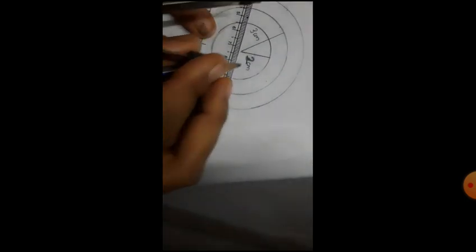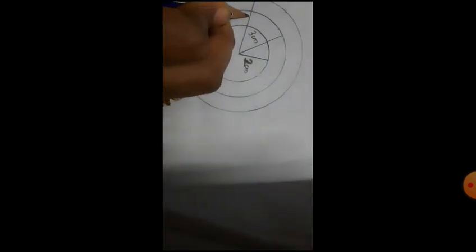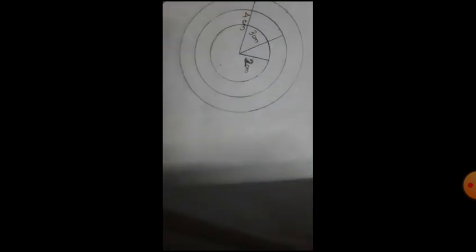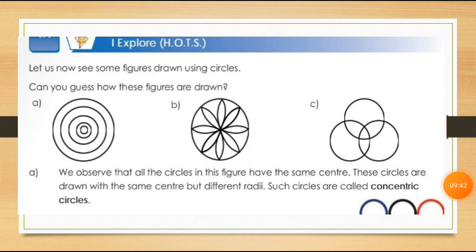So drawing circles with different radii and with the same center is called a concentric circle. My dear children, by using this way you can draw concentric circles.